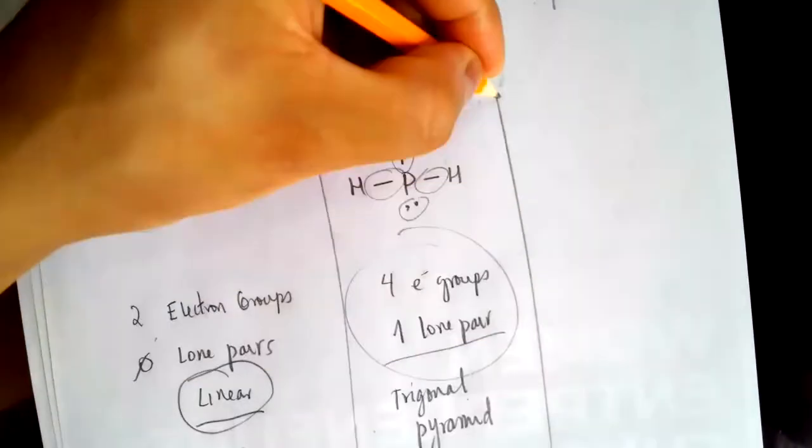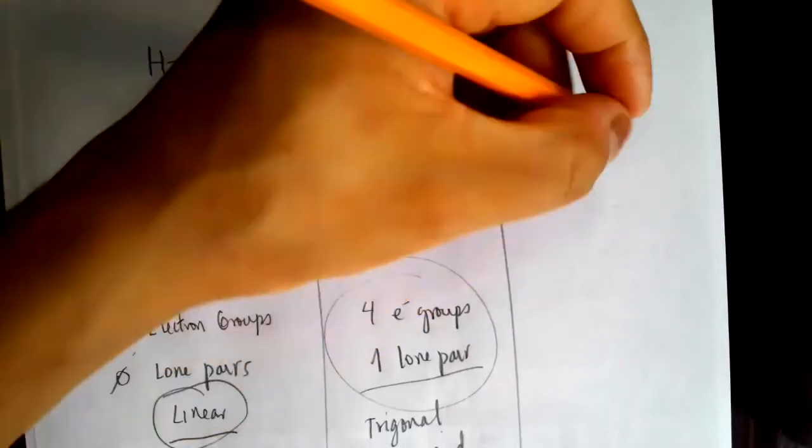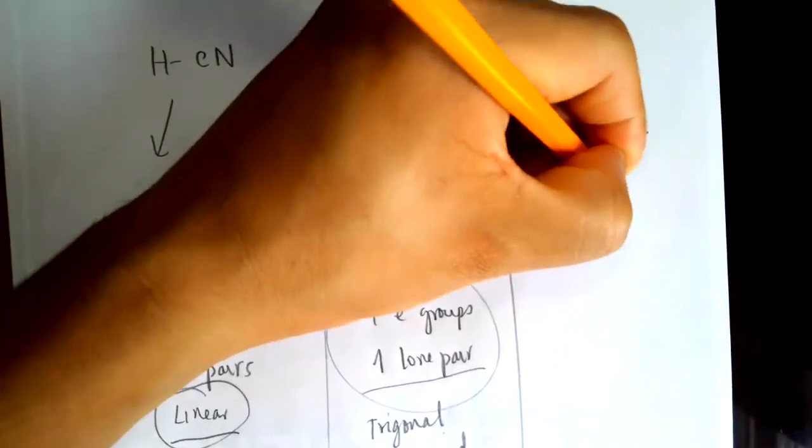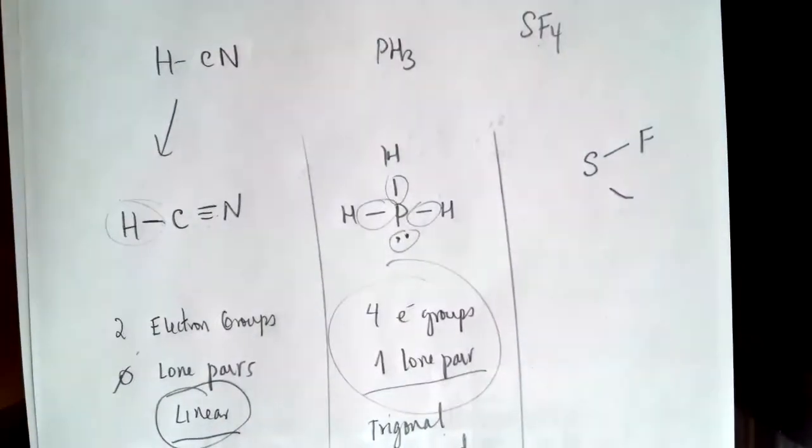Okay. And sulfur tetrafluoride, sulfur has 6 valence electrons.